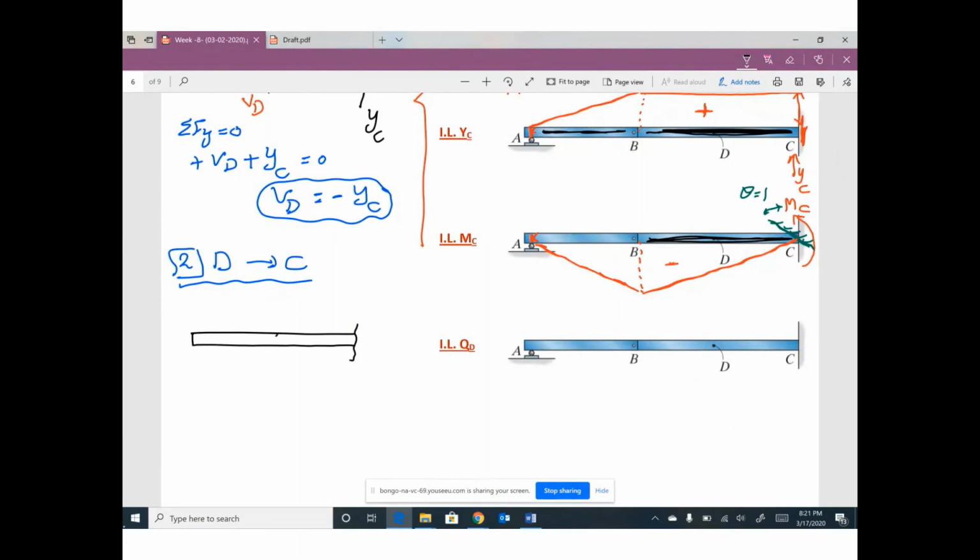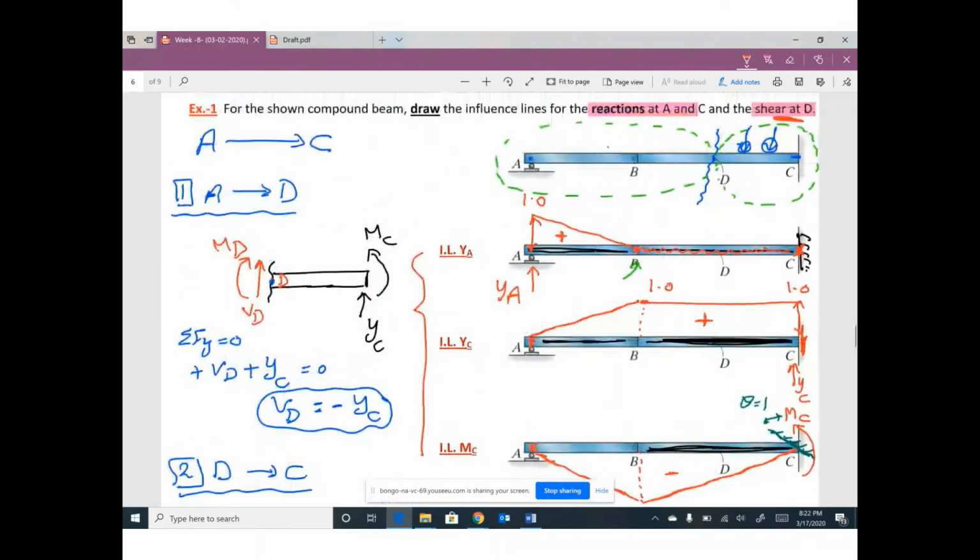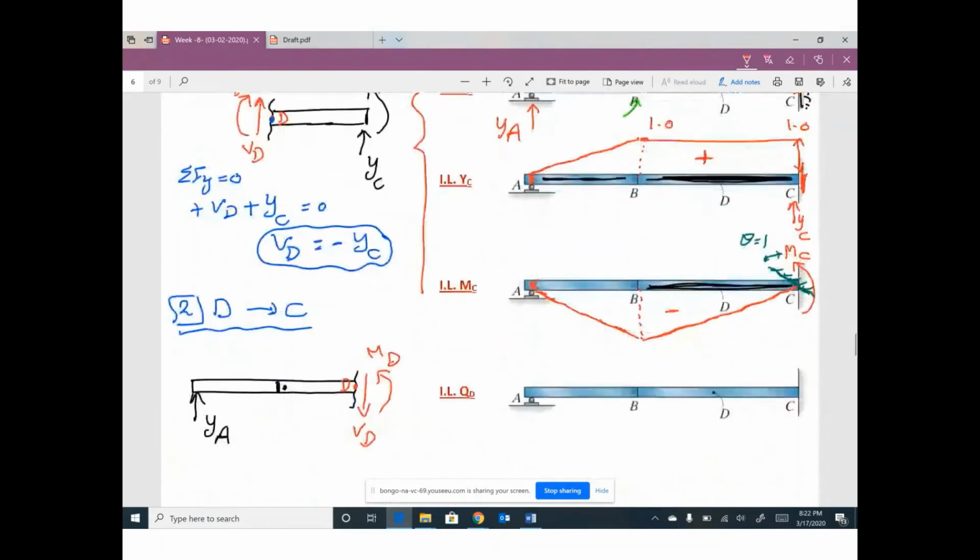There is a cut at this location. We have pin connection. I don't care. We have reaction here YA. At your cut, we have shear, assumed down to rotate clockwise, V at D, this point is D, and we have moment MD. We don't care about moment because moment is not required. We are looking only for shear at D.